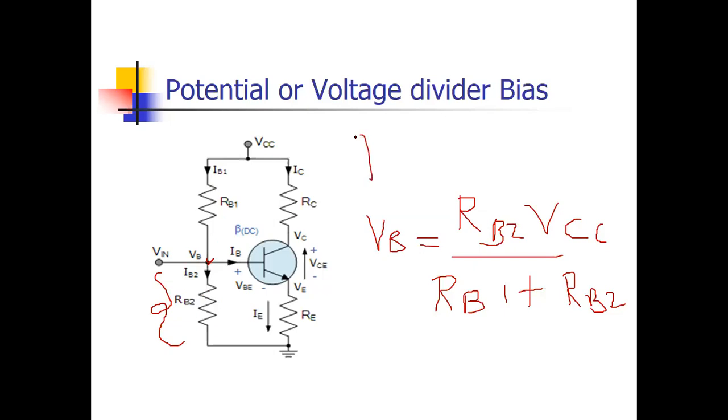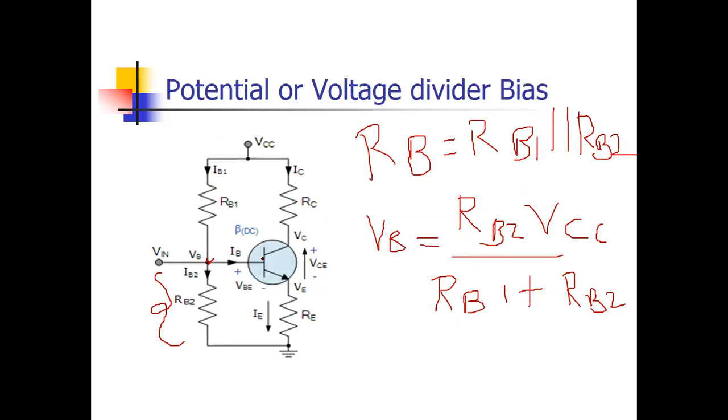So the total resistance, or base resistance, threshold resistance, equivalent resistance, will be RB1 parallel RB2. RB1 parallel RB2 is equal to RB1 multiplied by RB2 upon RB1 plus RB2.